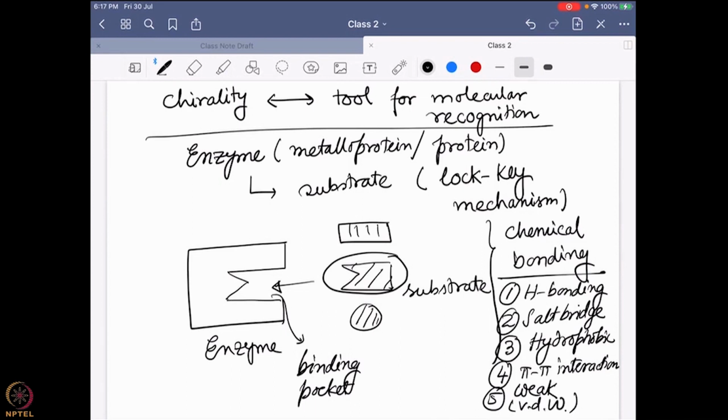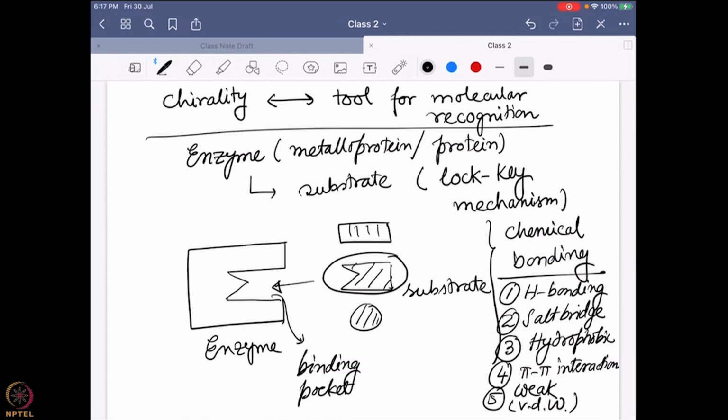But it is not only the bonding, but which particular direction the bonding is coming from. Because imagine this is happening in a three-dimensional way, not only two-dimensional. So the actual orientation of this bonding interaction plays a huge role in molecular recognition. And this molecular recognition is triggered by the three-dimensional orientation of the molecule.